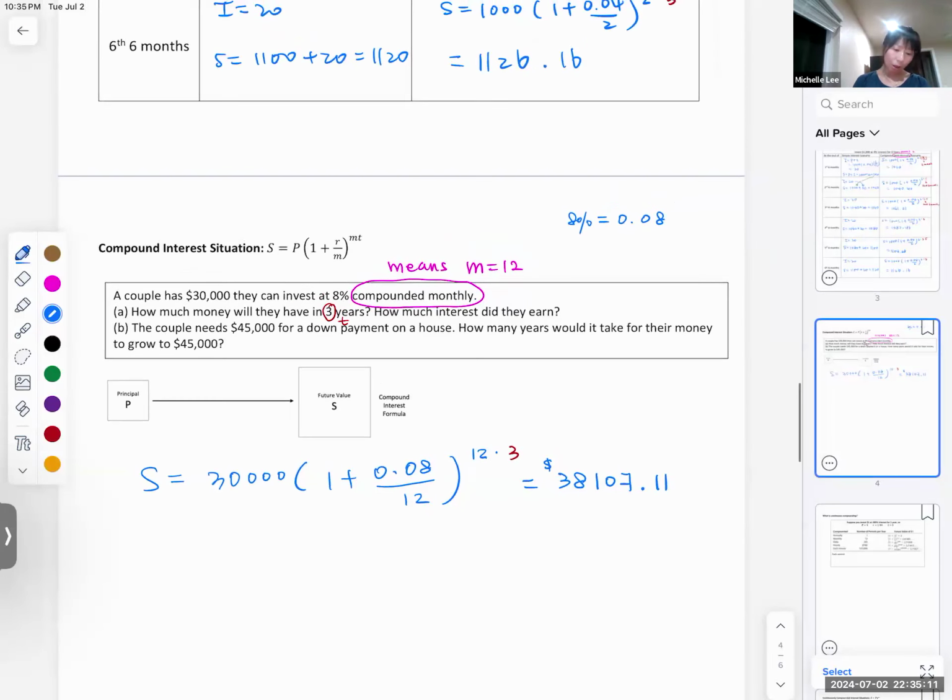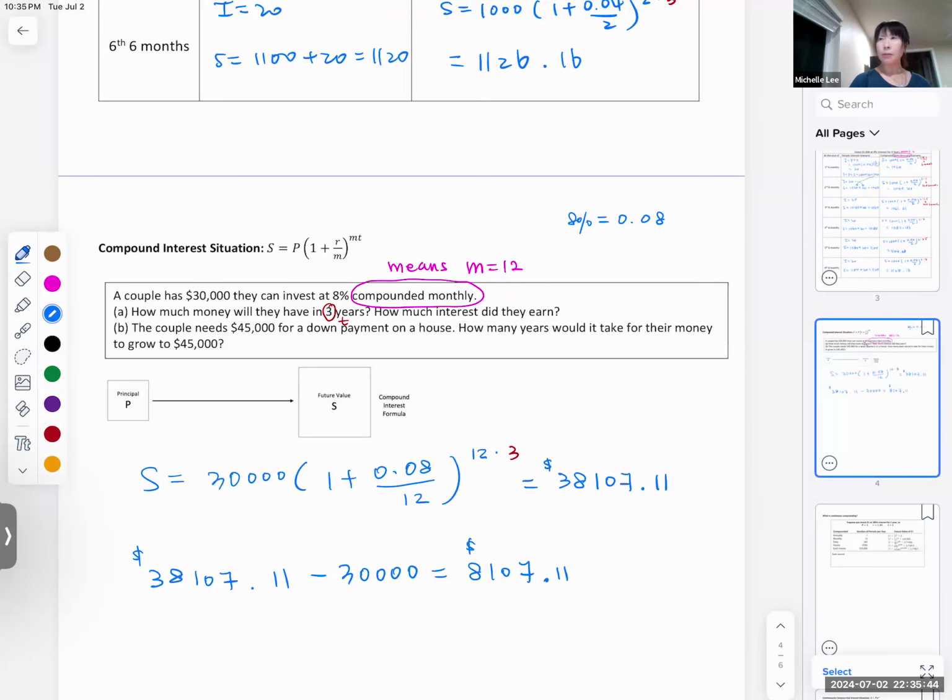So $38,107.11 minus the initial amount they invested, $30,000. If we calculate this one, $8,107.11. Okay?